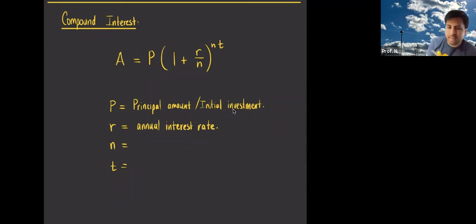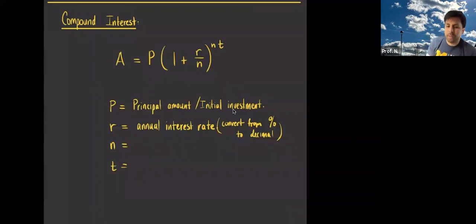And we normally write this as a decimal. If the rate is converted from percentage to decimal. So convert from percent to decimal. So we're always going to express our rate as a decimal for our formula.